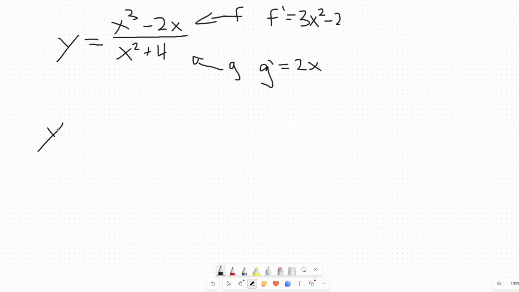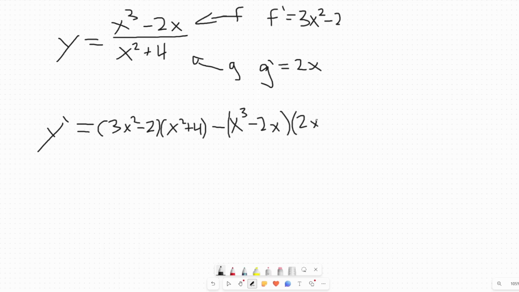So y prime is equal to 3x squared minus 2 times x squared plus 4, and then minus x cubed minus 2x times 2x.